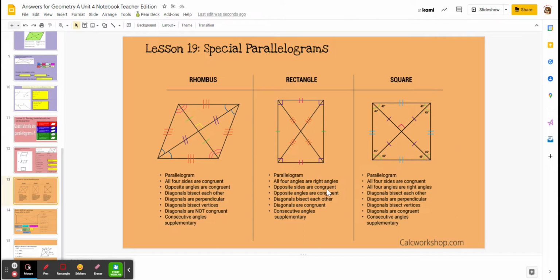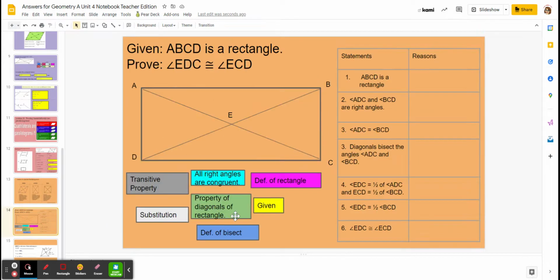So rhombuses, rectangles, and again the square, which is kind of the child of both of those, has to fit both of those requirements. So we've got number 14 here. We are given that ABCD is a rectangle, and we have to prove that angle EDC is congruent to angle ECD.